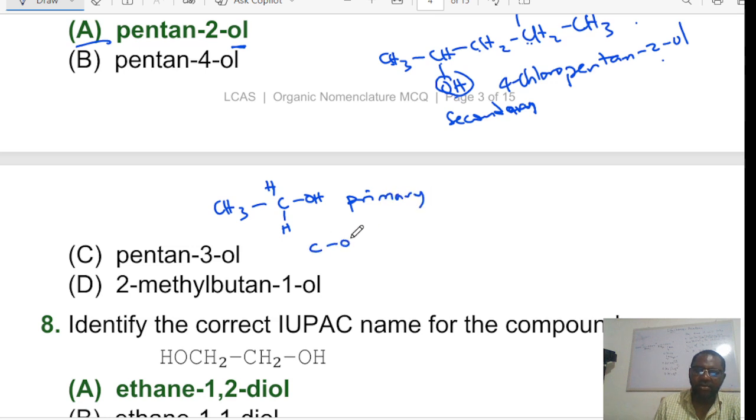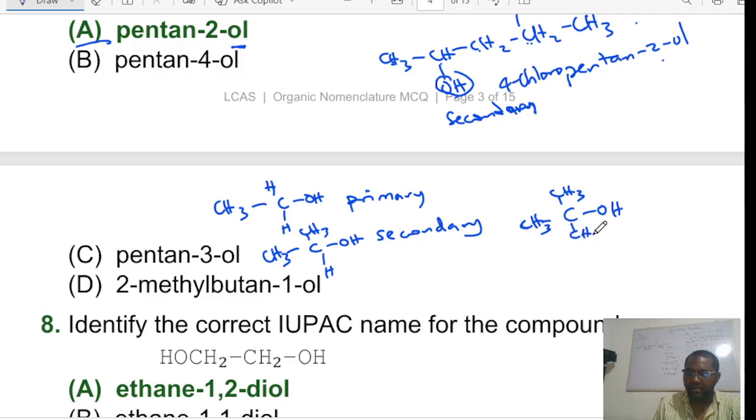Once the carbon bearing the OH has only one hydrogen, but the rest is occupied, then this is a secondary alkanol, okay? But once the carbon bearing the OH has no hydrogen, just like this, this one here is tertiary. So that is primary, secondary, and tertiary alkanol, okay? I believe that can be helpful.